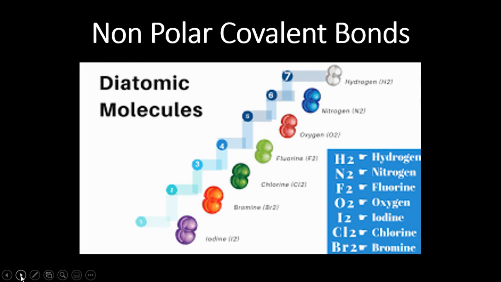Now, for diatomic molecules, if you look at the halogens on the periodic table, we have iodine, chlorine, bromine, fluorine. They form diatomic molecules, and they're mainly gases.